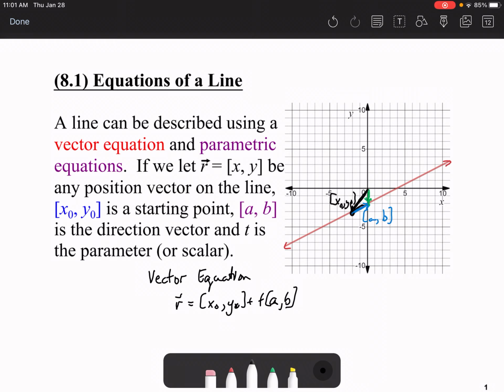Or you could instead use x comma y equals x sub 0, y sub 0 plus t times the vector AB, where this value t is some real number.